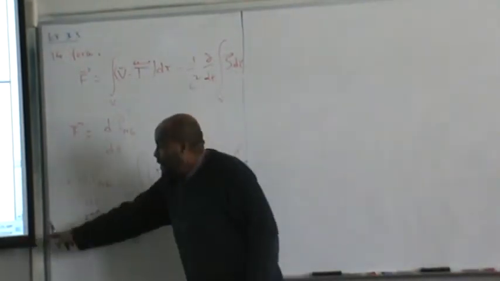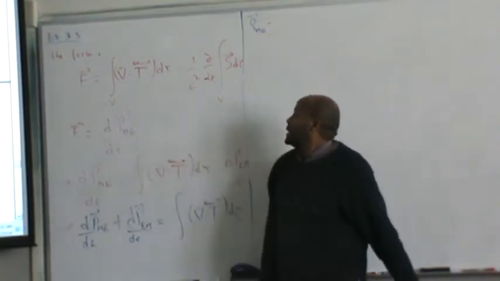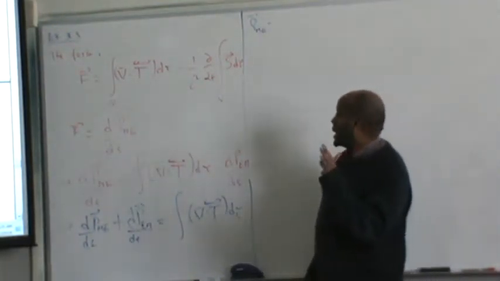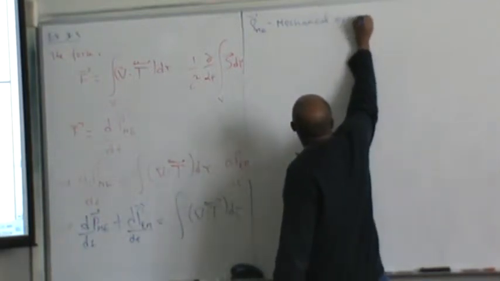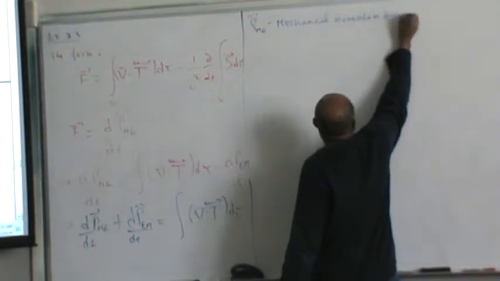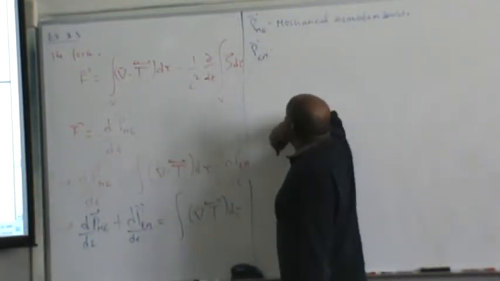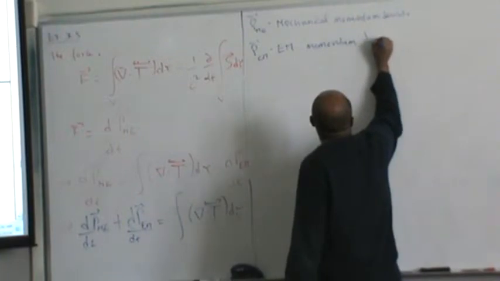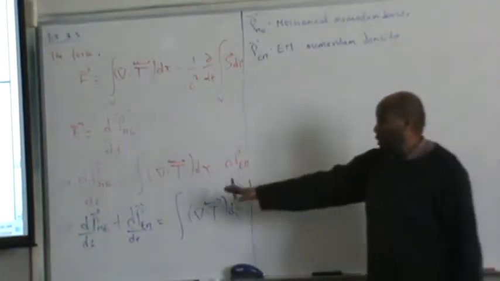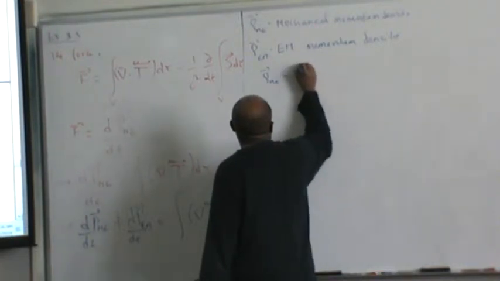And by defining the electromagnetic momentum density, we were able to find that if rho me represents the mechanical momentum density, and rho em represents the electromagnetic momentum density, then rho me plus rho em is equal to what?